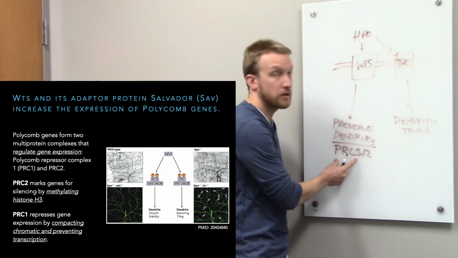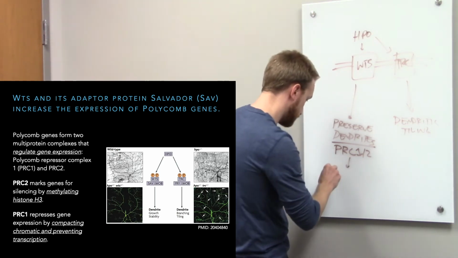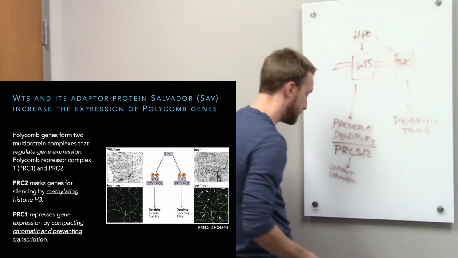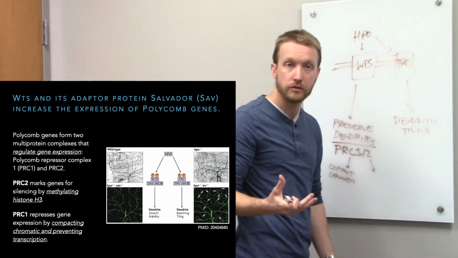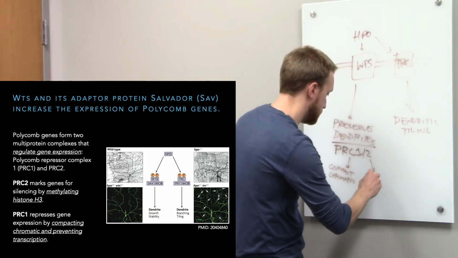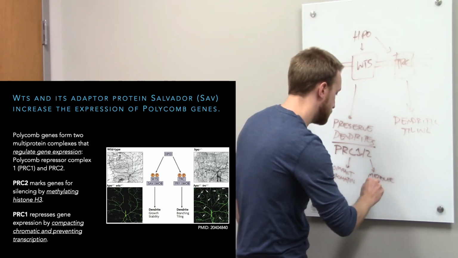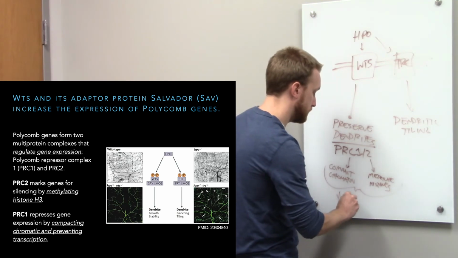The polycomb repressor complex 1 is going to repress expression by compacting chromatin. So the DNA and protein there are going to tighten up so it's more difficult to read. We'll also promote tightening up by methylating histones, again compacting chromatin. What these do is decrease gene expression for the targets.